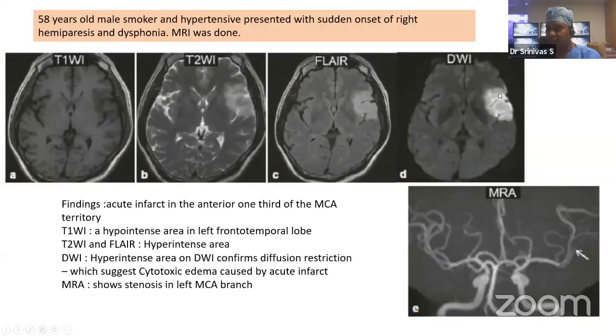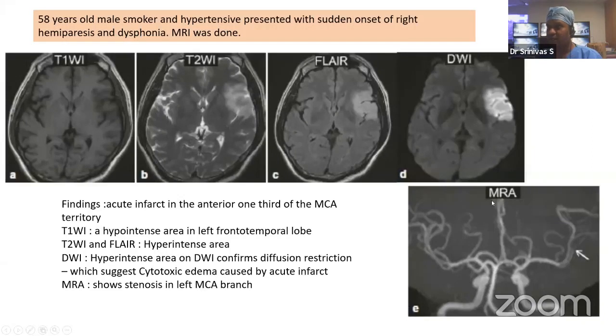As we have said earlier, when there is ischemia, the water movement in that dead tissue will not move like the water in the normal tissue. In normal tissue, water moves from one cell to another cell, but in dead tissue, water doesn't move. So because of the decreased water movement, when MRI is done, it looks brighter, and by this we will know that the patient had acute infarction.